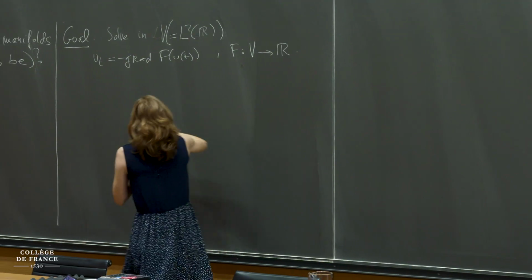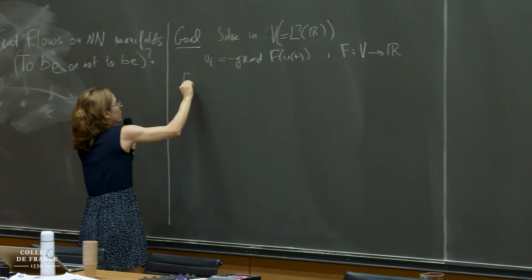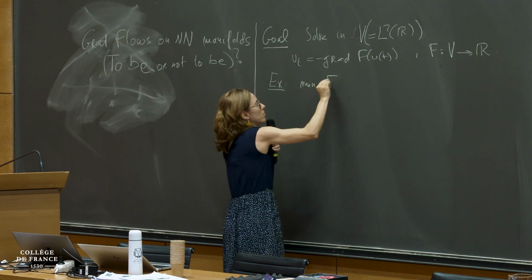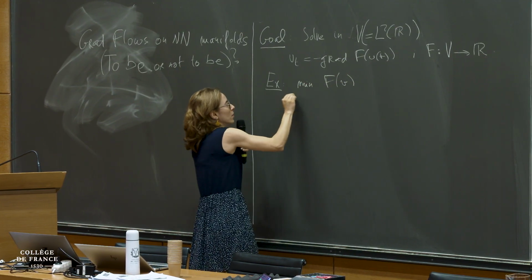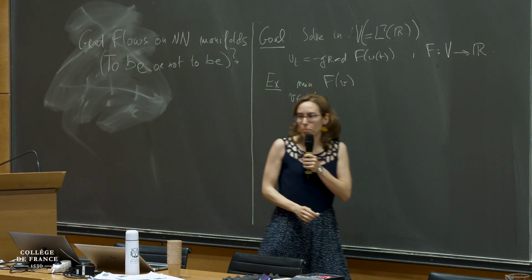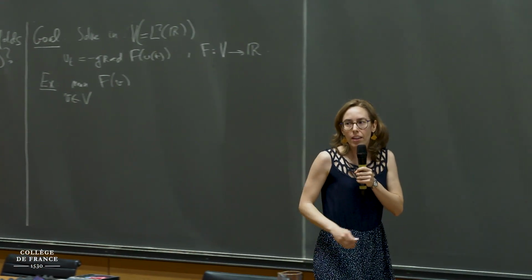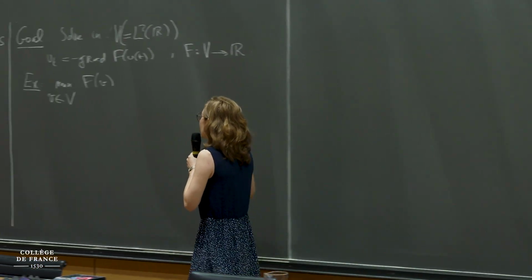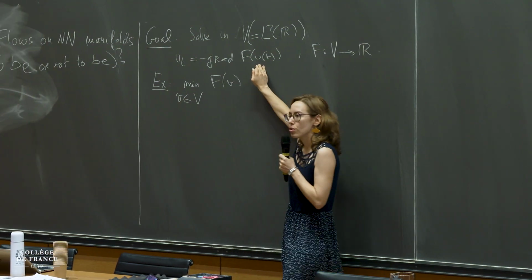And so a prominent example nowadays is if I want to minimize f of v for v in my Hilbert space, and then if I apply a gradient descent technique expressed in continuous time, this is going to be this type of evolution.